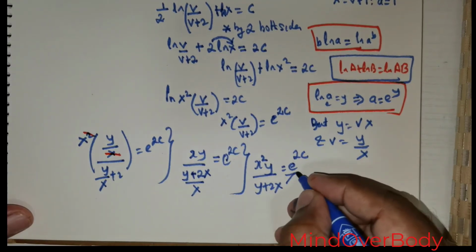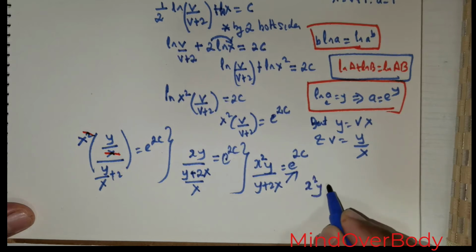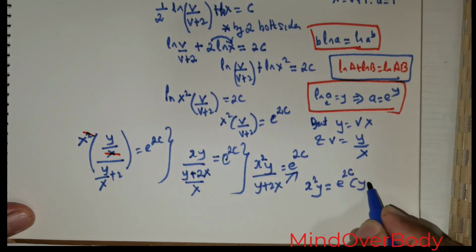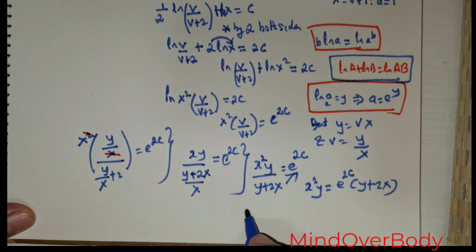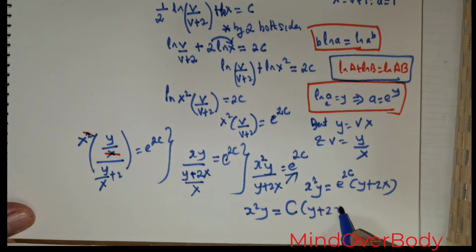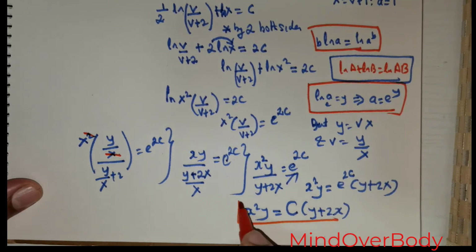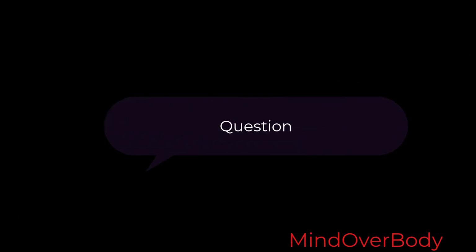I can cross multiply. If I cross multiply, I get x squared times y is equal to e raised to the power of 2c times y positive 2x. If you don't want this e raised to the power of 2c, you can write that as x squared times y is equal to some constant times of y positive 2 times x. So this is my final solution to this question, students.